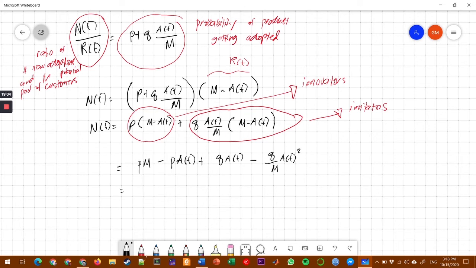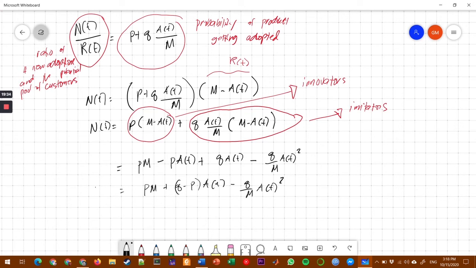So, simplify this further: Pm plus Q minus P times A of t, and this is minus Q over M A of t squared.